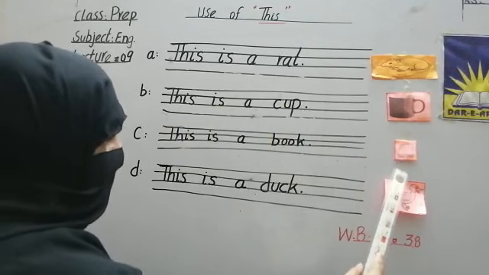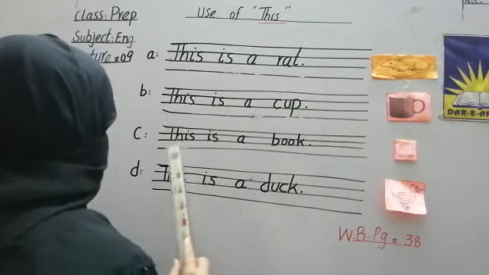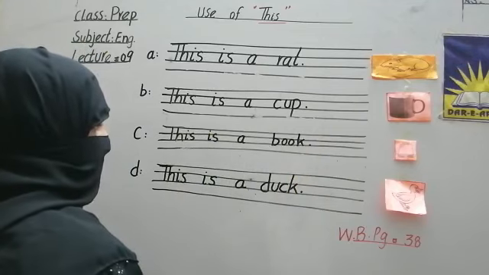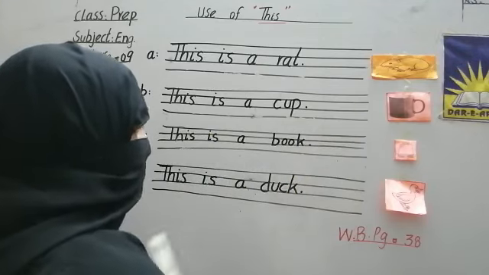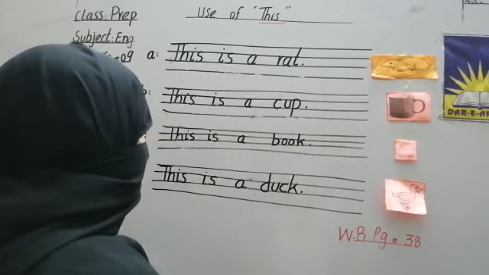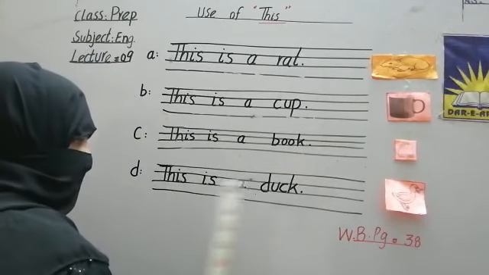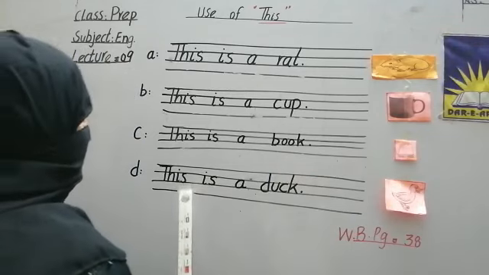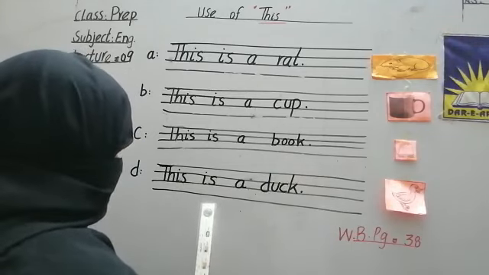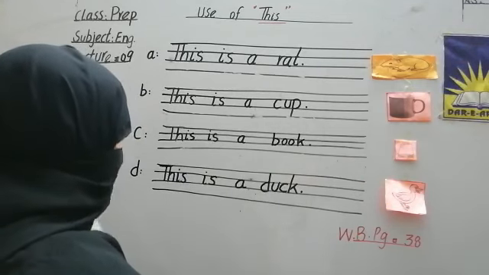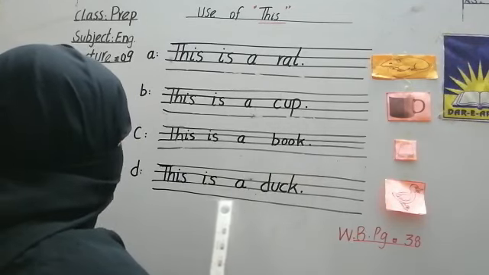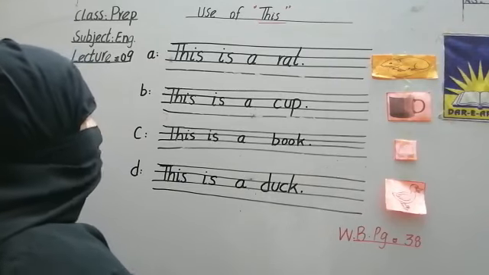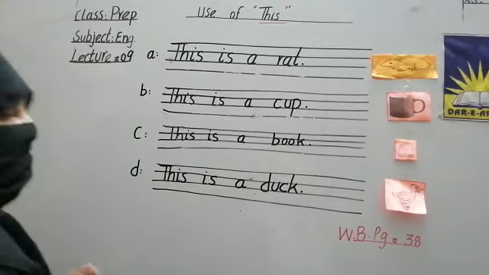And next picture, book. Good. This is a book. And next picture, yes, duck. This is a duck. Students, these are very interesting sentences.